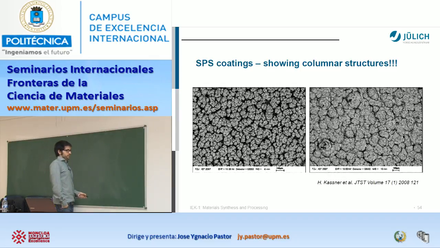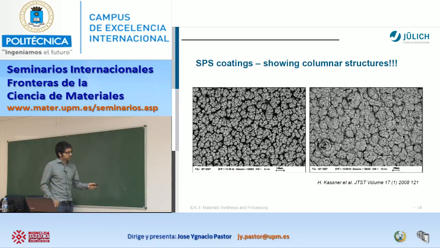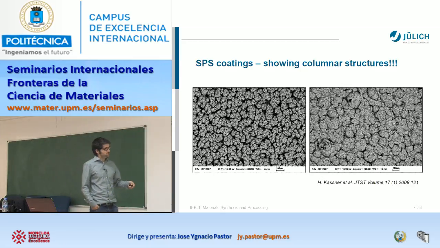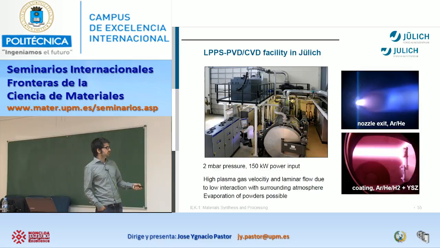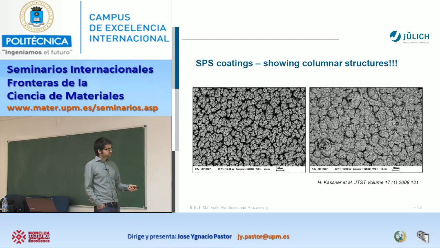And here a couple of pictures that I showed you about this special columnar structure. This is the top view, and then we don't really see the structures. We'll show you later, but it looks like that.